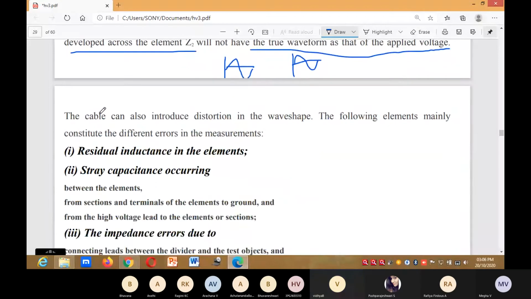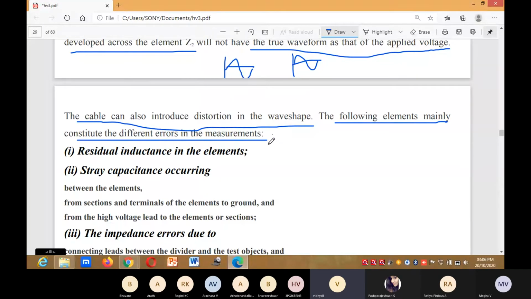The cable can also introduce distortion in the wave shape. The following elements mainly constitute the different errors in the measurements.